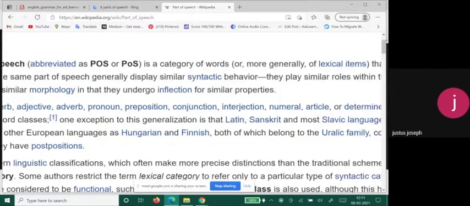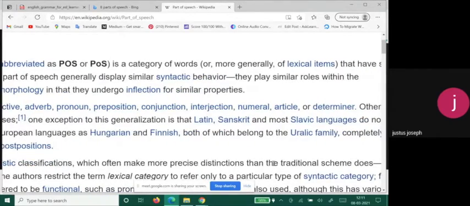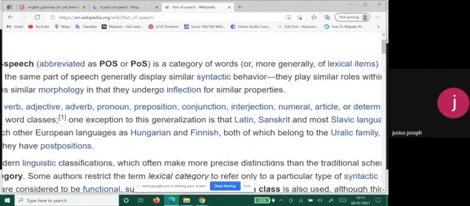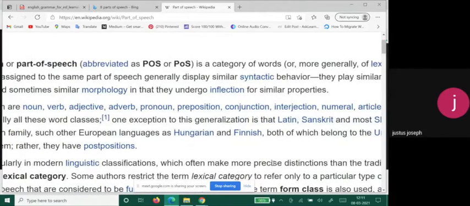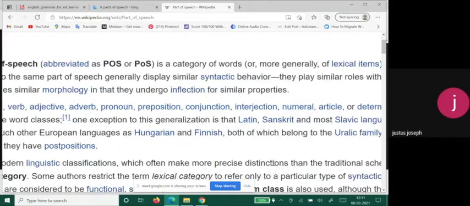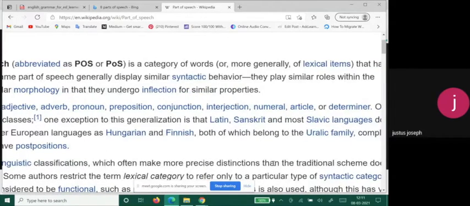Article or determiner. Okay? Determiner. Article or determiner.